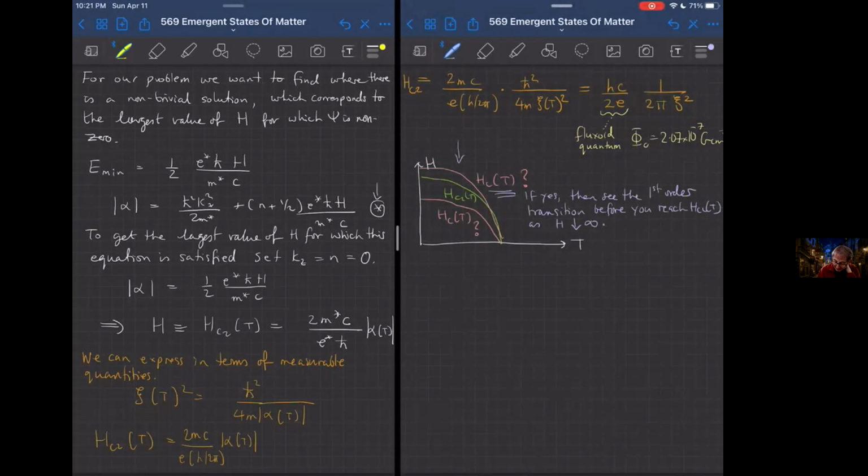And if it's the Hc line, then you see a first order transition. If it's the Hc2 line, then you see a second order transition. And so this one is, if yes, then the first order transition before you reach Hc2.